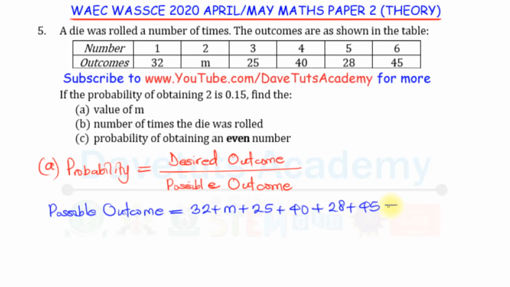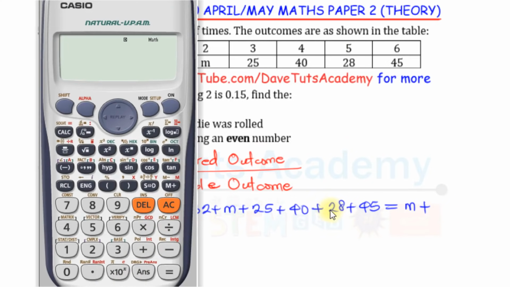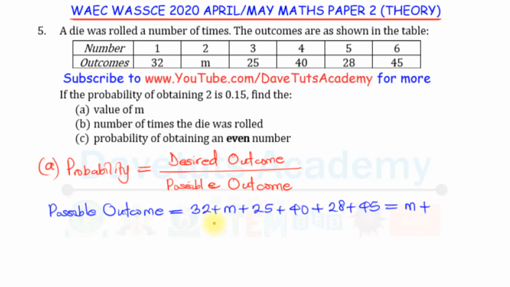We don't know m, so we just have m plus another value, and that value is 32 plus 25 plus 40 plus 28 plus 45. That is 170. So this total possible outcome is m plus 170.